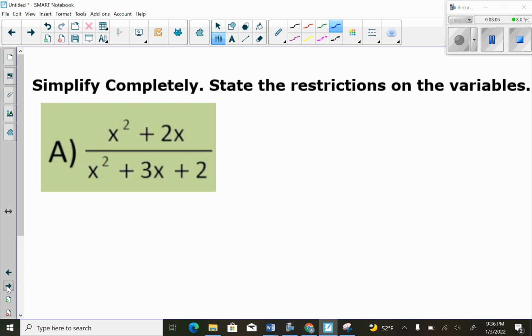Next example. So first thing, factor, and then simplify, then find your restrictions.